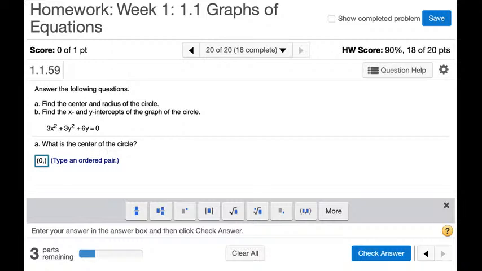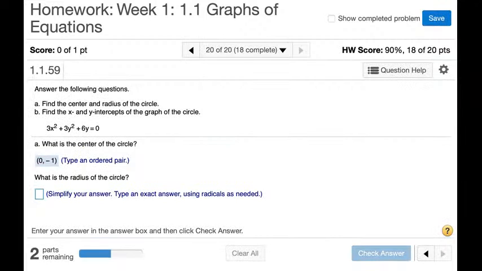That's a 2. 2 over 1 squared is 1. So I'm going to say negative 1. If we added 1 on both sides, looks like the radius is going to be 1 as well.